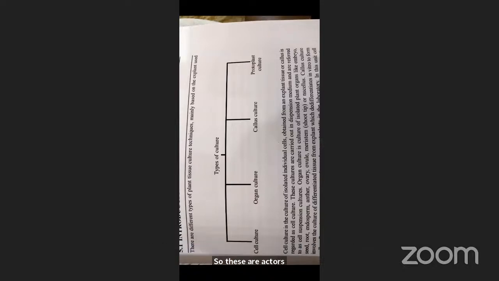Callus culture involves the culture of differentiated tissues from an explant, which differentiates in vitro to form callus. Now the protoplast culture is the culture of plant protoplasts in the laboratory. So in this unit, cell culture, callus culture, and protoplast culture are explained.